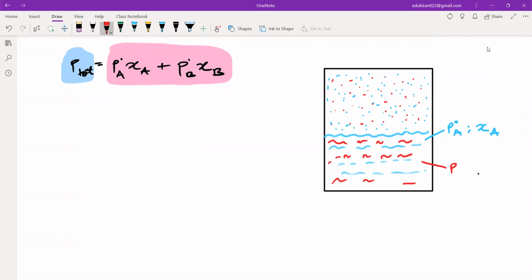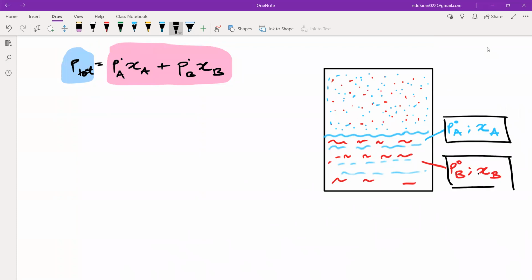And here you also know the P naught of B, and you also know the mole fraction of B. Now, when you have the P naught A chi A and the P naught B chi B, you can calculate the P total by plugging in the values in this part.